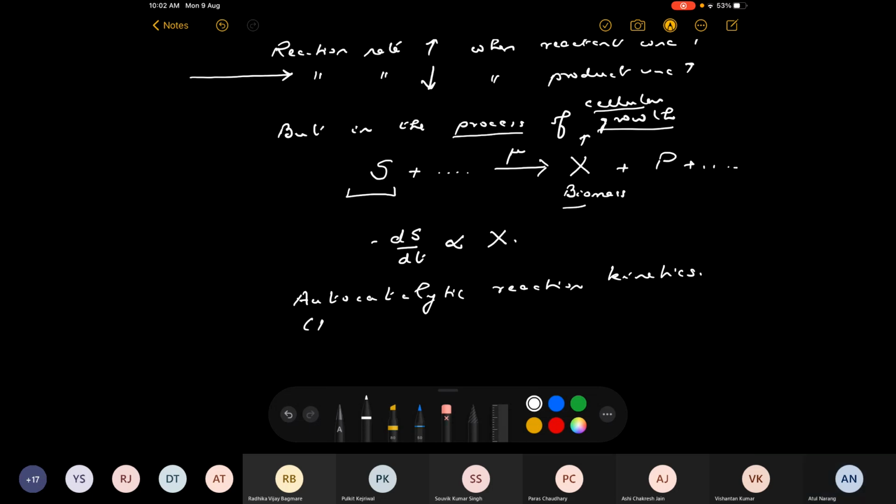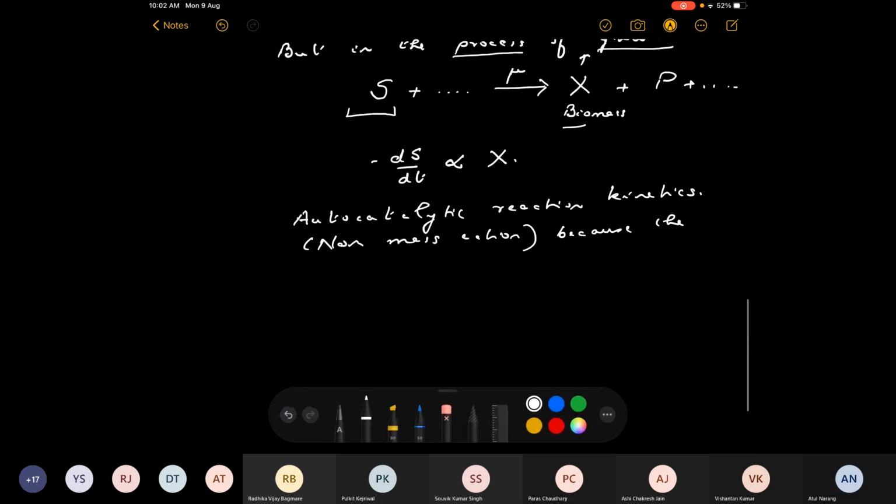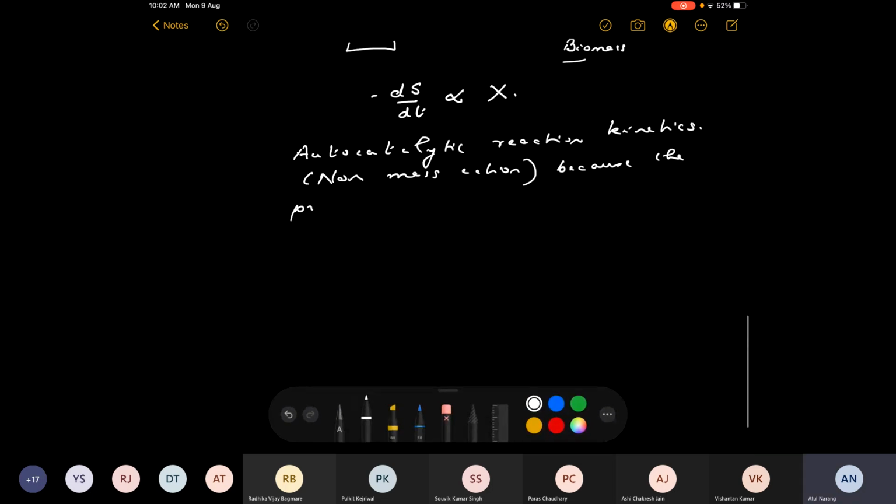These are non-mass action, because the product, which is biomass, is just one of the products. You can even have ethanol.